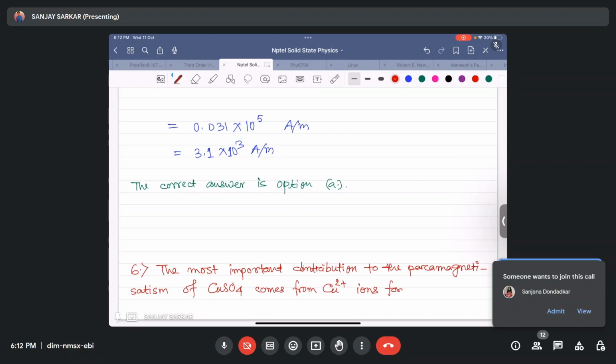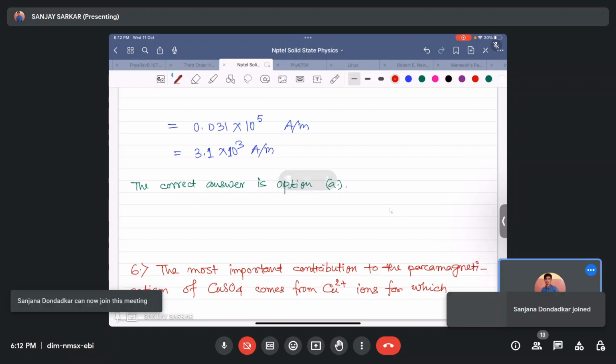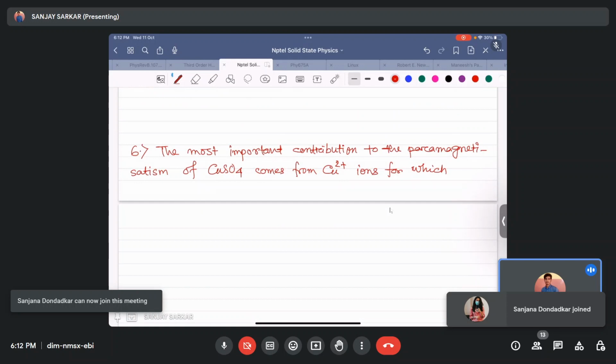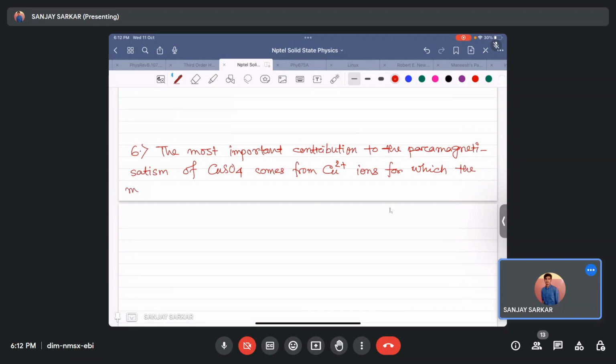for which the magnetic moment is due to a single unpaired spin.